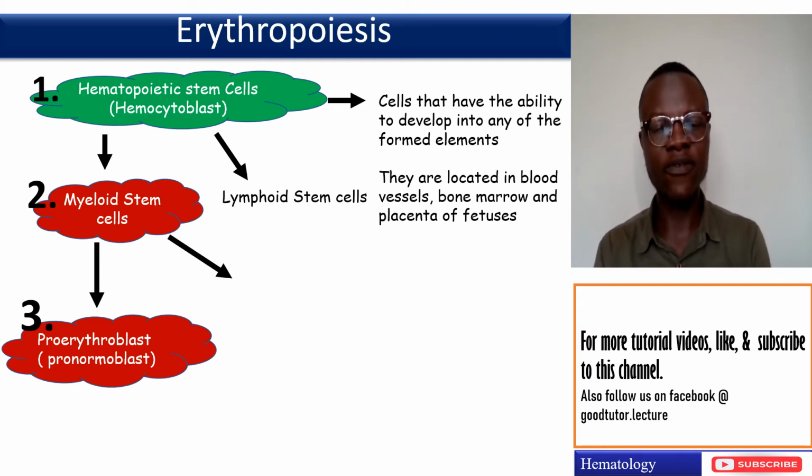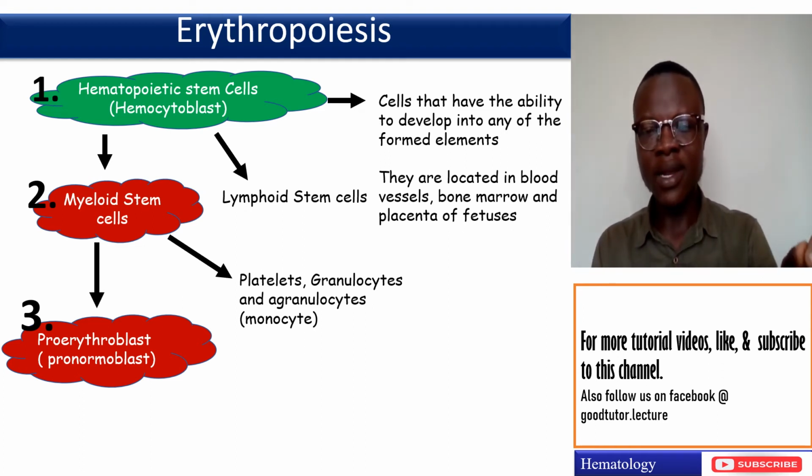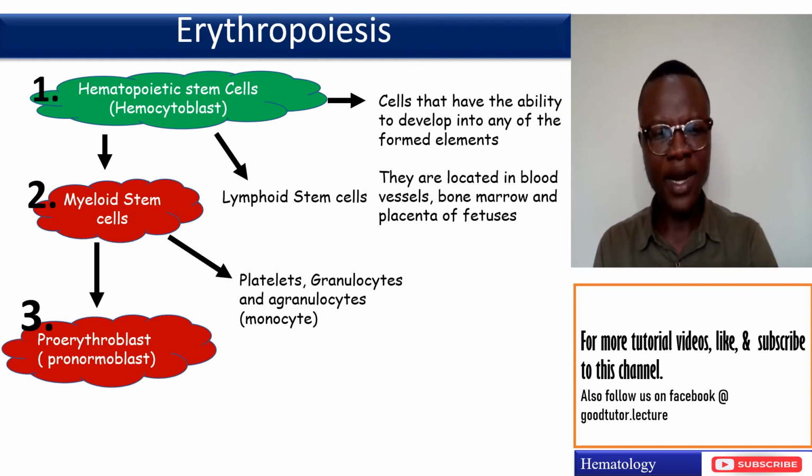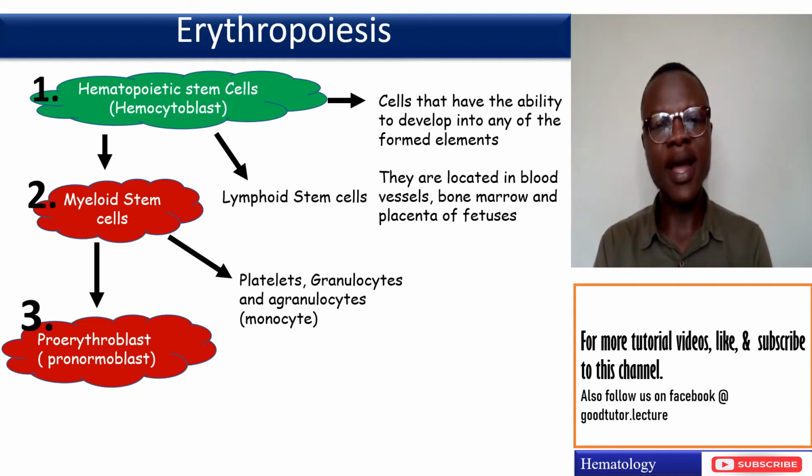It also leads to the formation of the platelets, the granulocytes, and also the agranulocytes. So you see, from the hematopoietic stem cell, we're able to derive a lineage that will give rise to our red blood cells and also give rise to platelets, the granulocytes, and the agranulocytes. Those are the basic lineages.